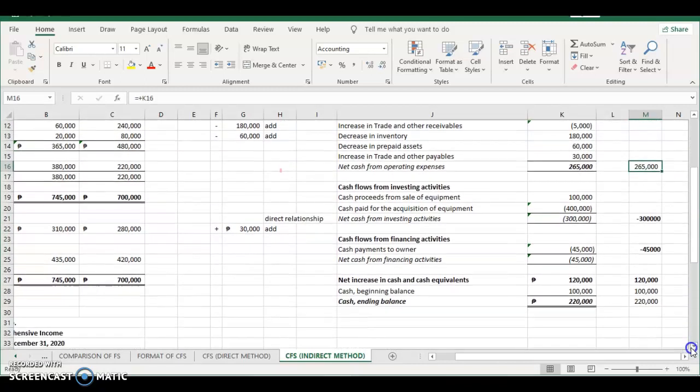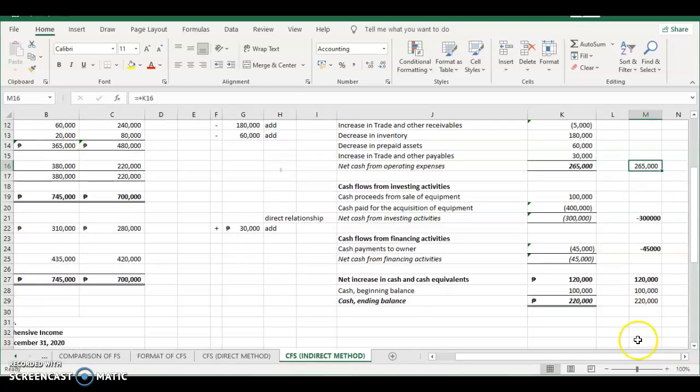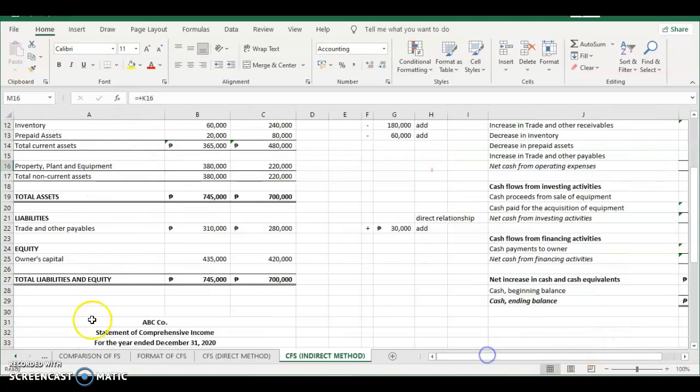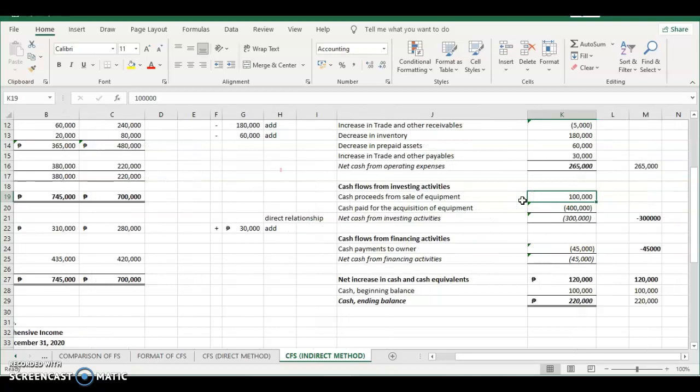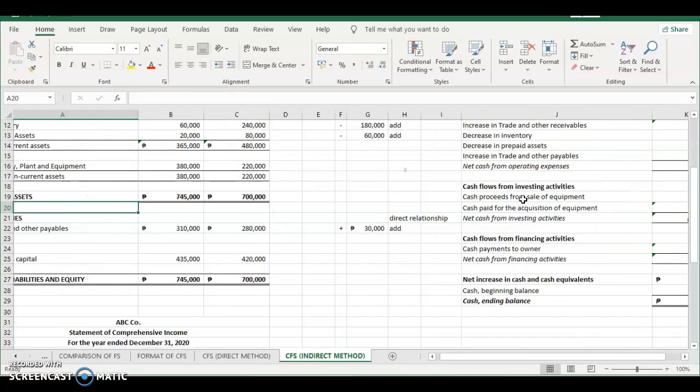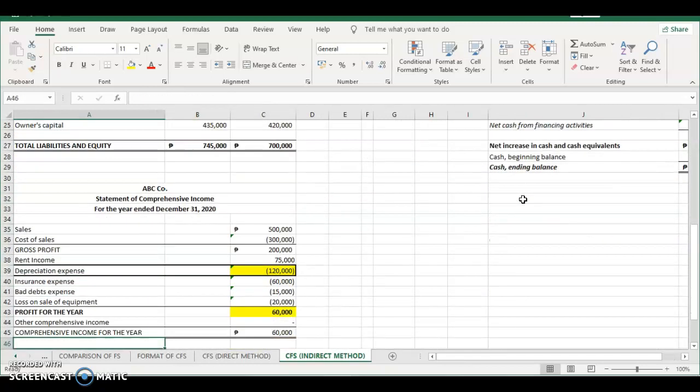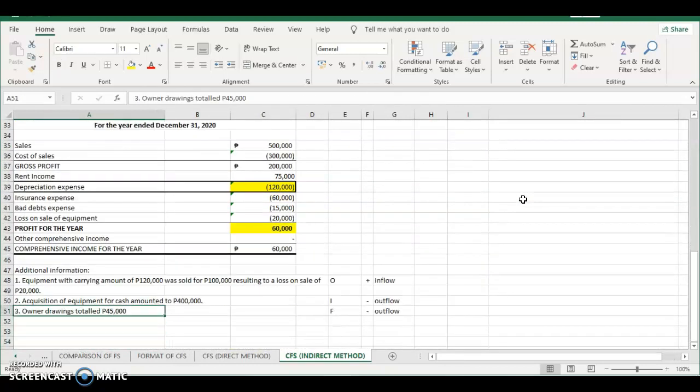So, sa investing natin, isa lang. Dalawa pala. Okay? Ito yung proceeds ng sale. 100,000 yung nasa additional information. Tapos, bumili. Etong 100,000, again, dito, is investing.